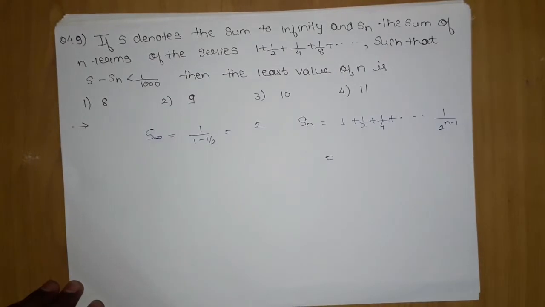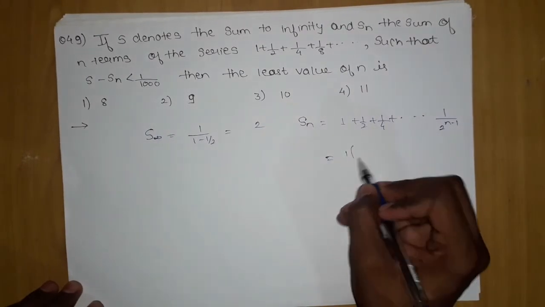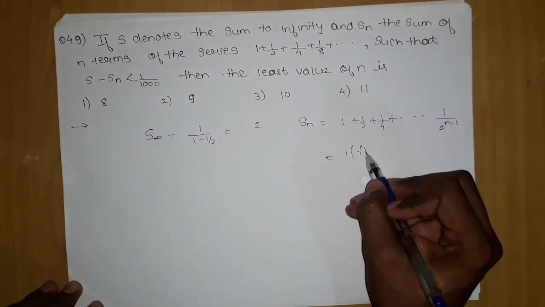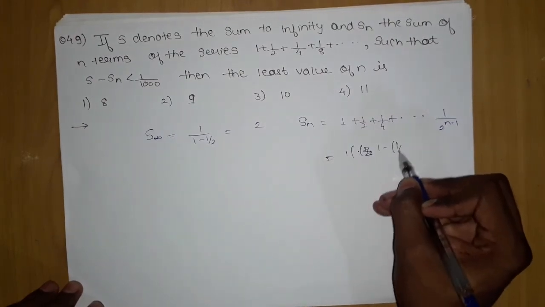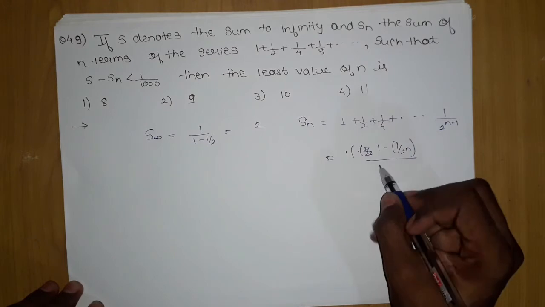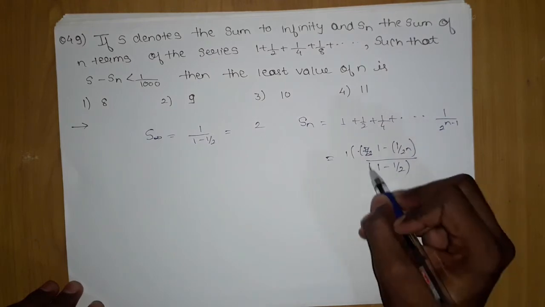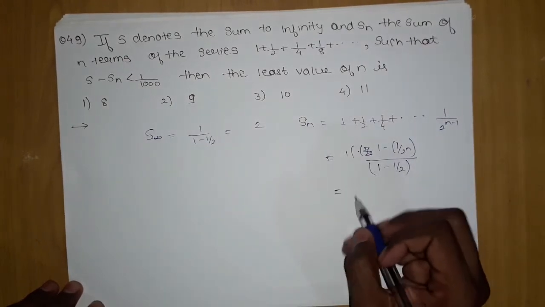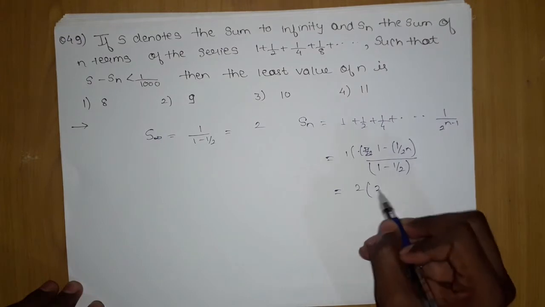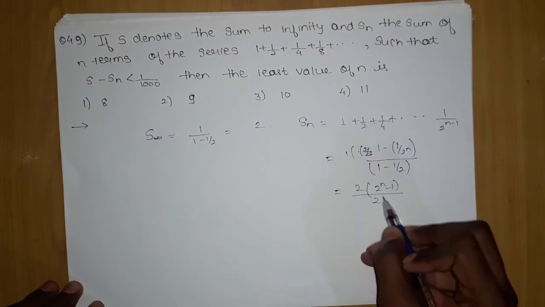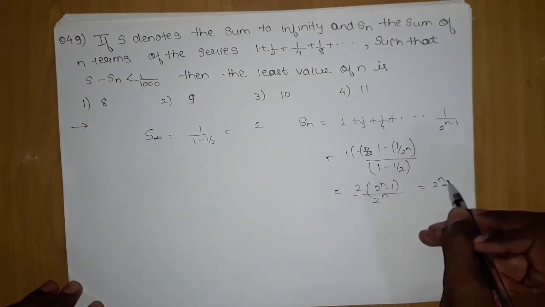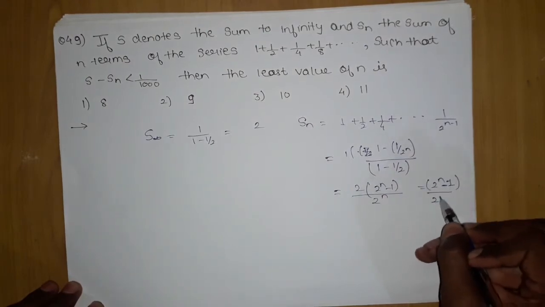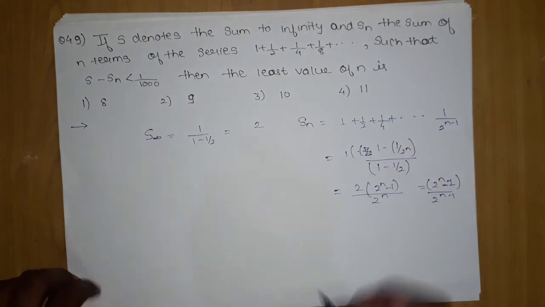Then according to a into 1 minus r power n, where r is 1 by 2 which is less than 1, so 1 minus 1 by 2 power n upon 1 minus 1 by 2, which will give me nothing but 2 into 2 power n minus 1 upon 2 power n, which is nothing but 2 power n minus 1 upon 2 power n minus 1. So we got this Sn.